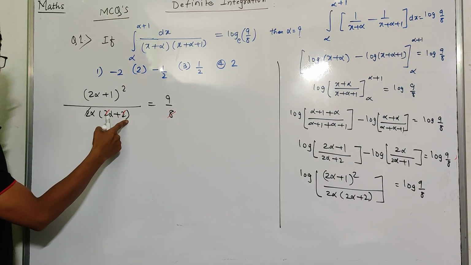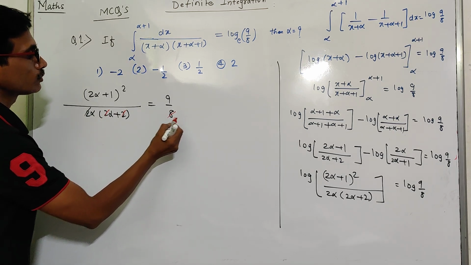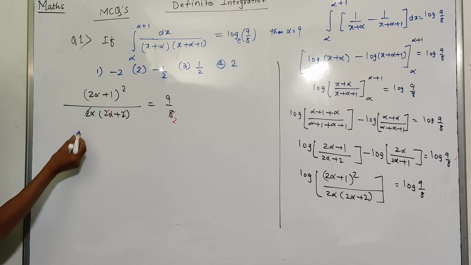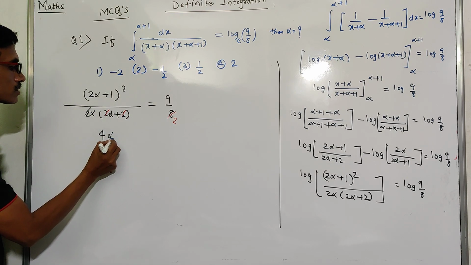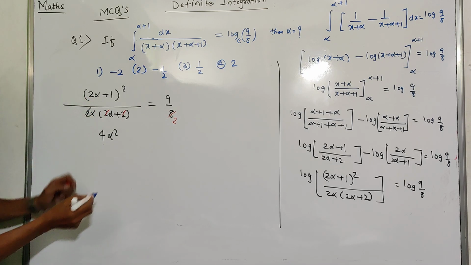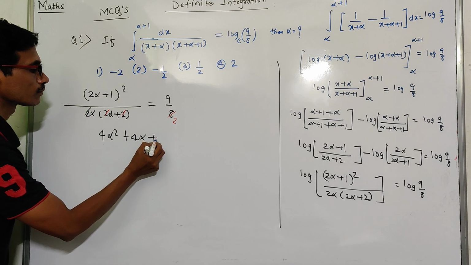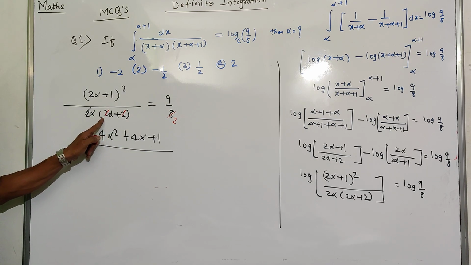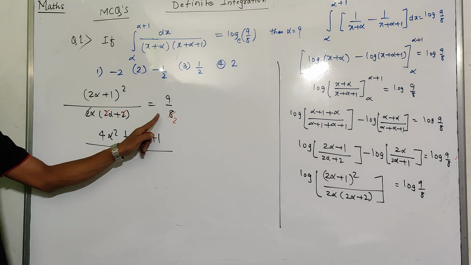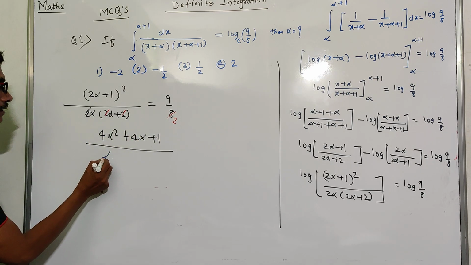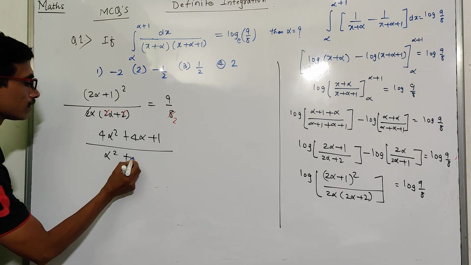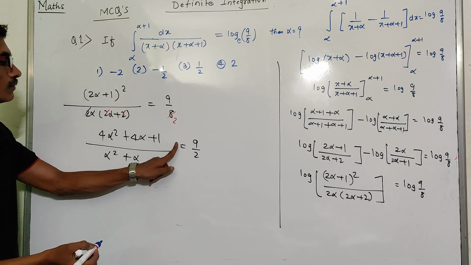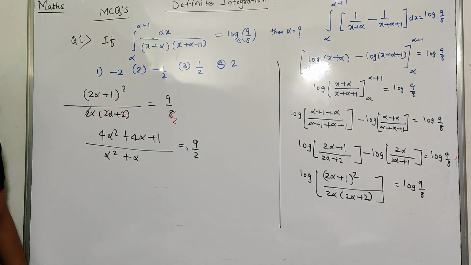Here 2 and this 2, 4, so it will be 2. We expand the numerator, 4 alpha square plus 4 alpha plus 1, and the denominator, after taking 2 common and cancelling, is alpha square plus alpha. Right hand side is 9 upon 2.